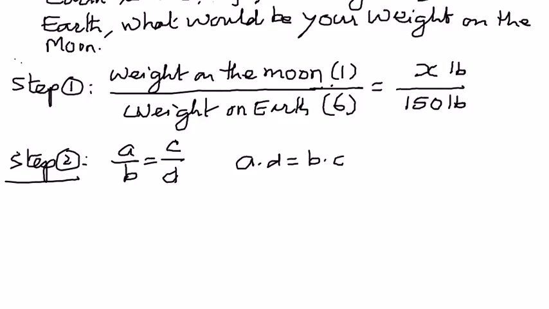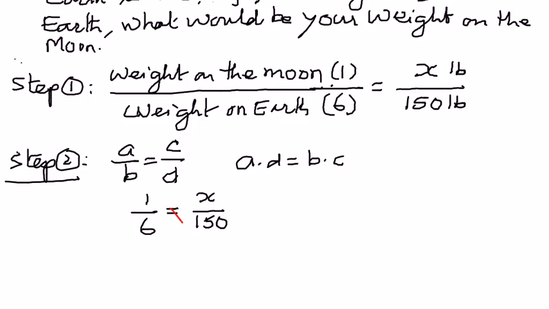In our problem, weight on moon to weight on Earth is given to us as 1:6, is equal to, if we weigh 150 pounds on Earth, what is our weight on the moon? So this is a proportion.